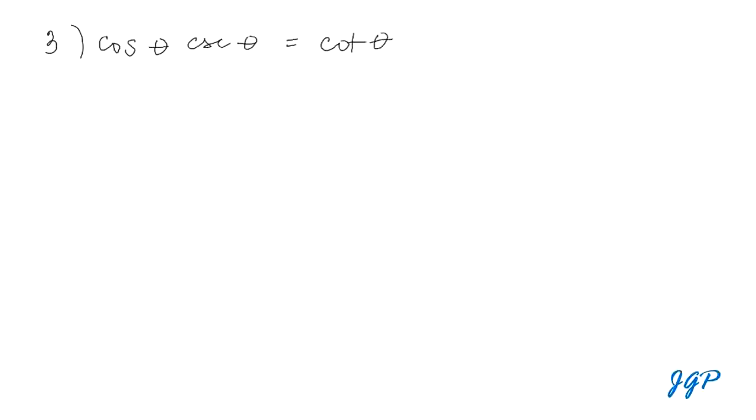Number 3, we have cosine theta times cosecant theta is equal to cotangent theta. In this case, mas simple yung nasa right side of our equation, so I will remain cotangent theta. Ito lang ang babaguhin natin.